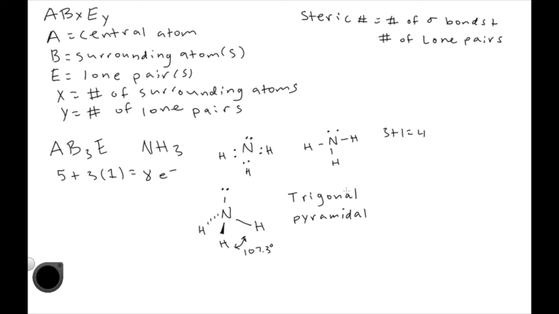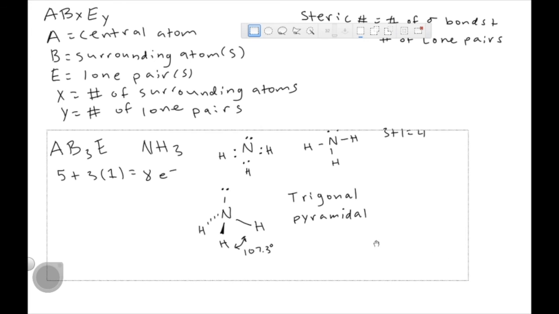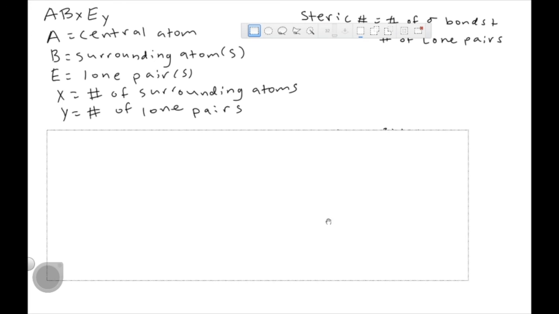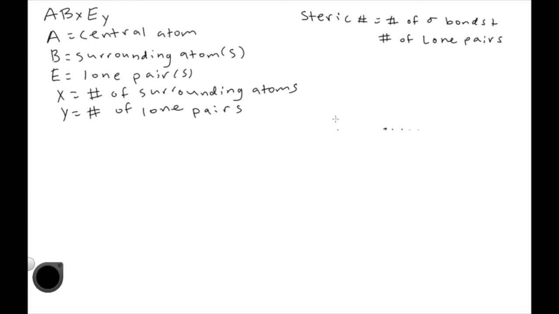And so for our final example, we have molecules in the form of AB sub 2, E2. AB sub 2, E2.